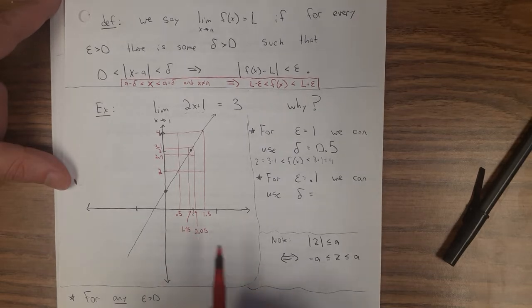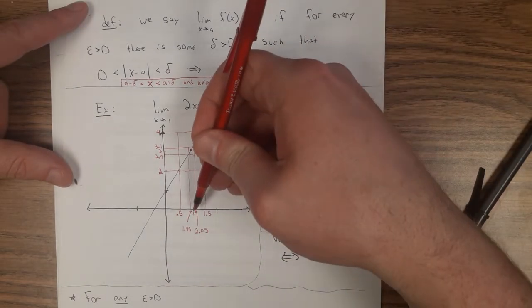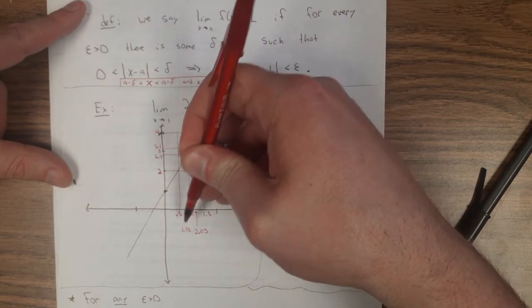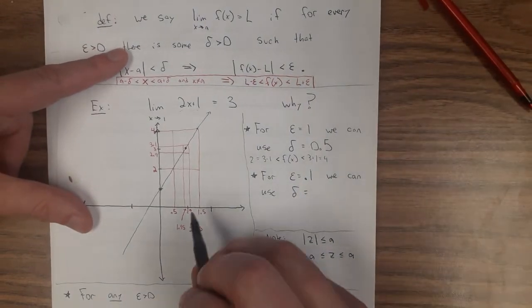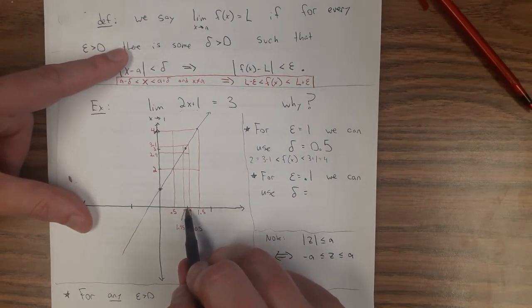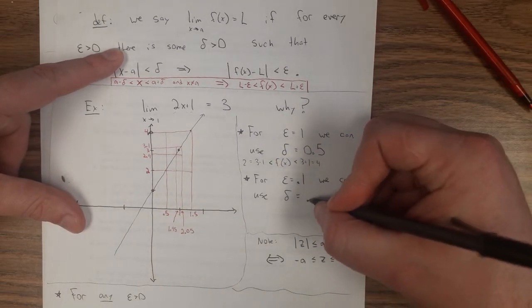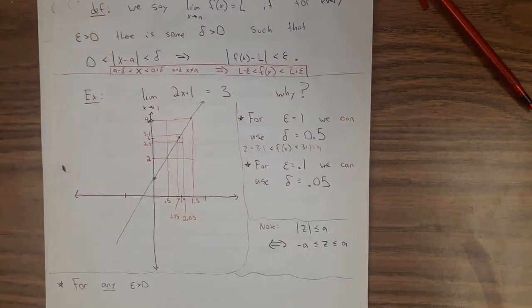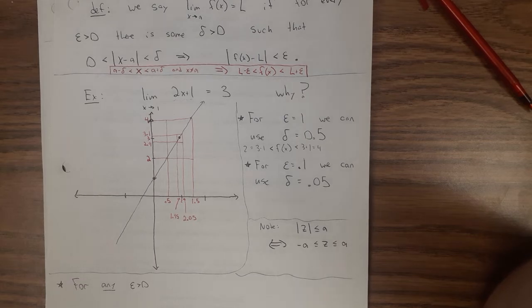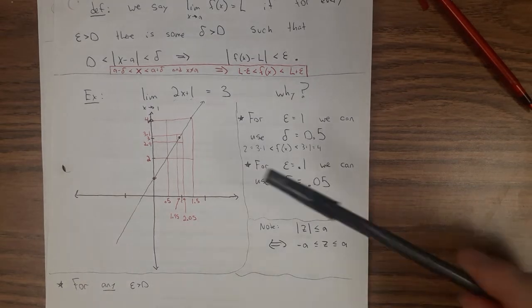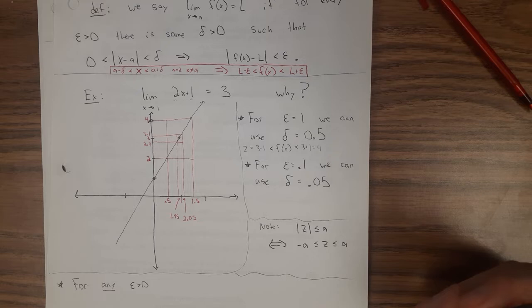Each of them is a distance of 0.05. This one is 0.05 more than 2. This one is 0.05 less than 2. So in other words, for this window you're either going 0.05 to the right or 0.05 to the left. So I'm going to say 0.05 for delta.